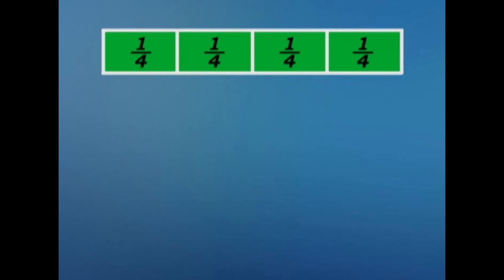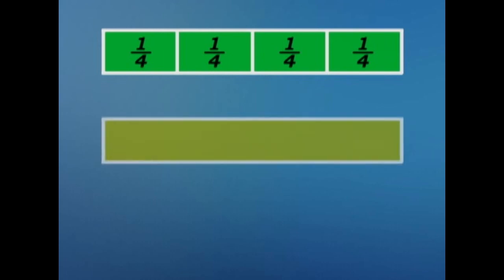Now then, let's take the same size box and divide it into fifths, into 5 equal parts. 1, 2, 3, 4, 5. That's 5 fifths. So we have 4 quarters and we have 5 fifths.